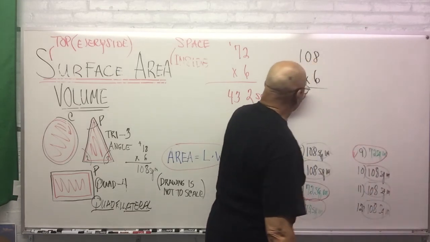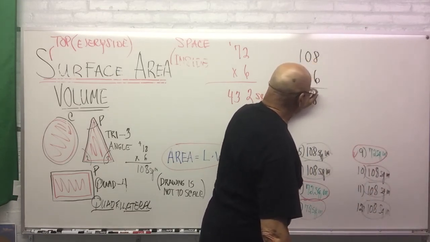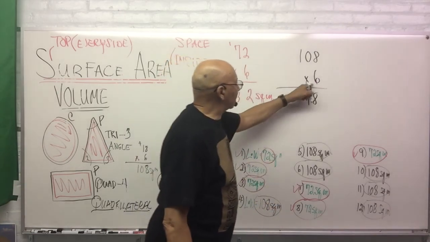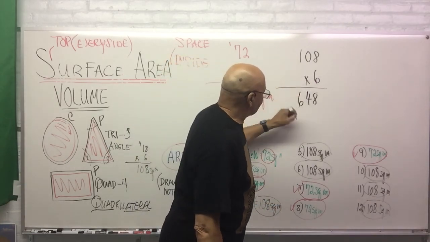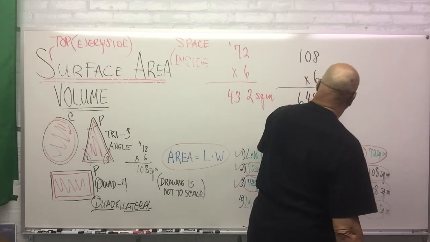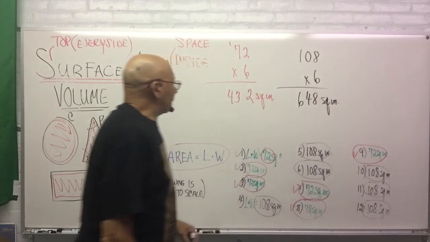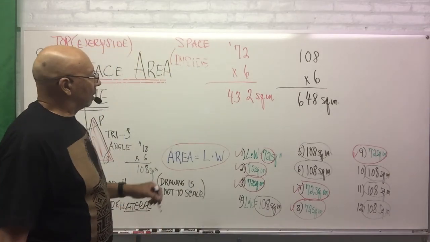So 6 times 8 is 48. Since I had a 0 there, I can just put down the 48, and 6 times 1 is 6. 648 square inches.